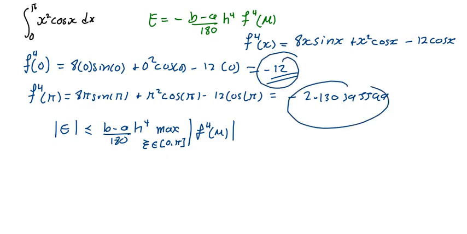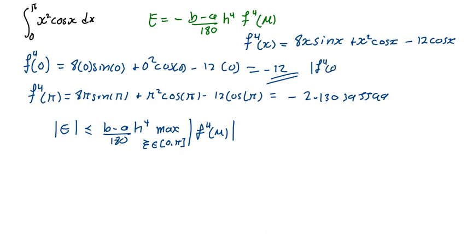The absolute value of f to the fourth of 0 is the absolute value of minus 12, that is 12. Similar to this one, it's just going to be a positive value, 2.13039. We observe that the maximum is 12.